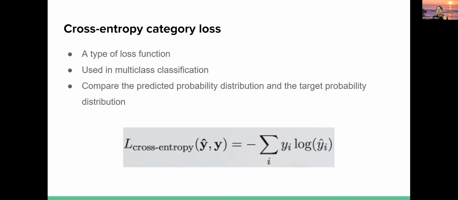In simple terms, you want to compare the values of your model with the target model that you want to achieve. And here's the formula. The y hat is the predicted probability and the y is the target probability. There will be an example later, so you don't have to focus on figuring out the formula.